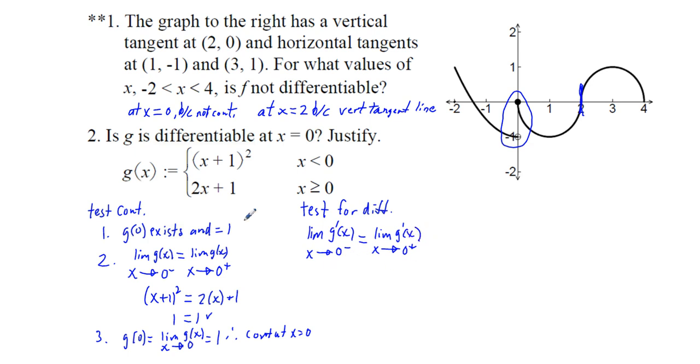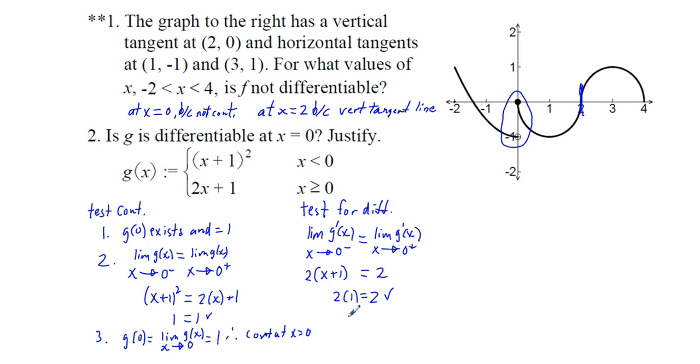Let's take the derivative of the left piece, which is 2 times x plus 1 to the power of 1 times the derivative of the inside, which is 1. That's the derivative of the left side. On the right side, our derivative will be 2. If we plug in 0 on the left, we get 2 times 1 equals 2. So check.